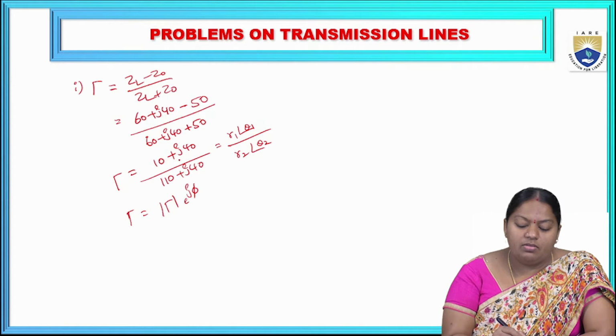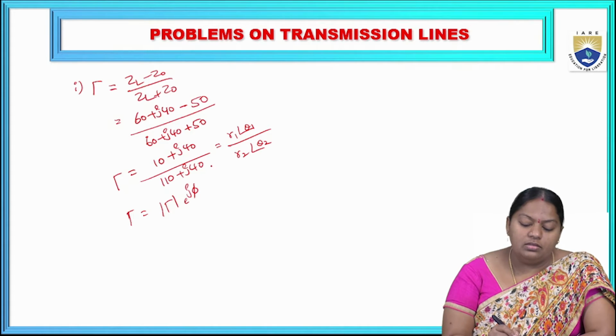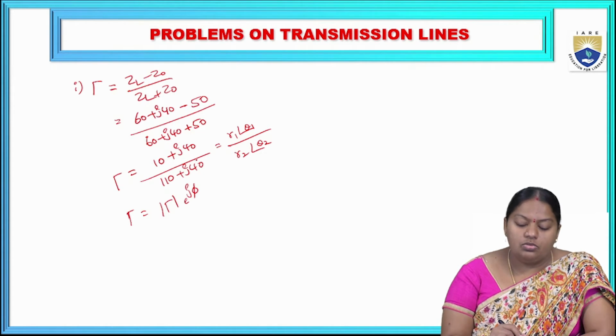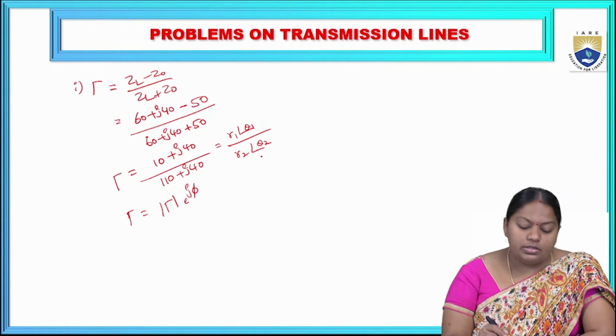The given form is in rectangular form, so to find the magnitude and phase we convert these two complex variables into polar form, meaning radius and phase angle. For the numerator it is R1 at an angle of theta 1, and for the denominator it is R2 at an angle of theta 2.